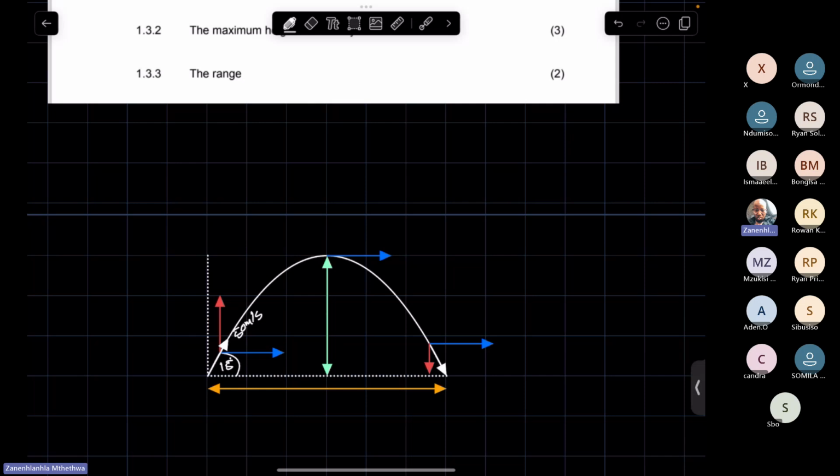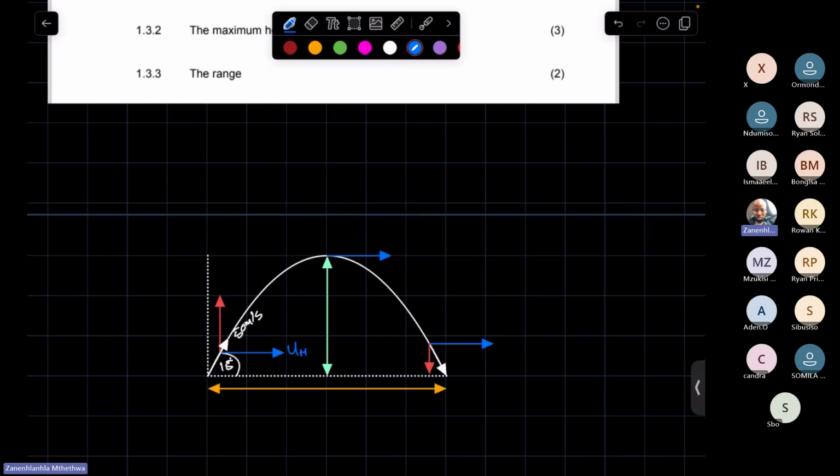Obviously this projectile is at an angle, so because it is at an angle, we need to resolve it into its components. We are going to have a horizontal component, which we'll call UH, or you can simply call it UX. That's fine as well.